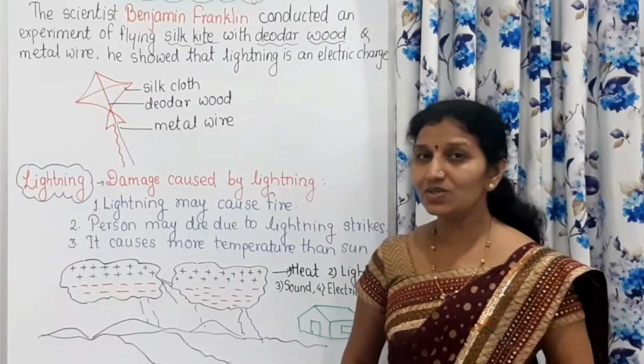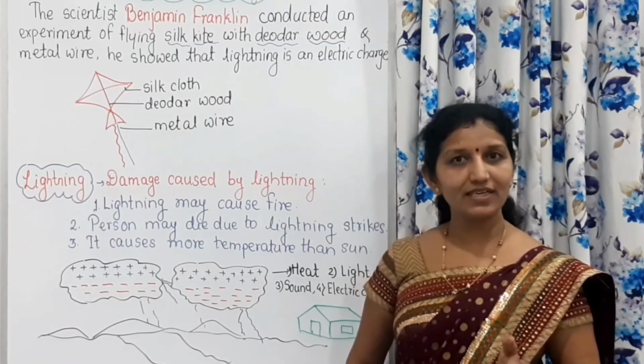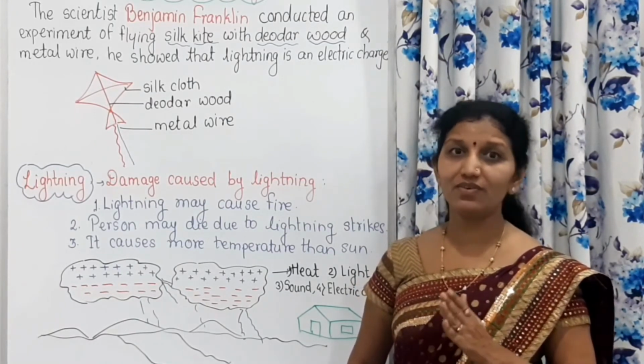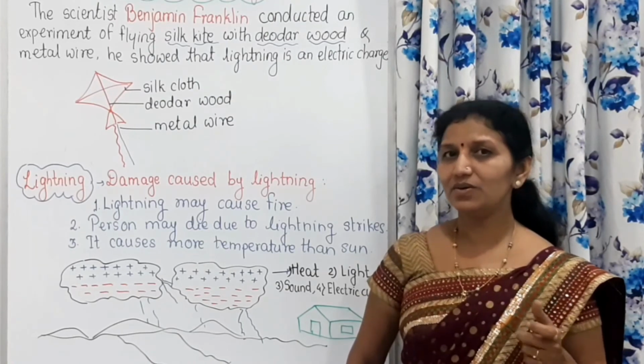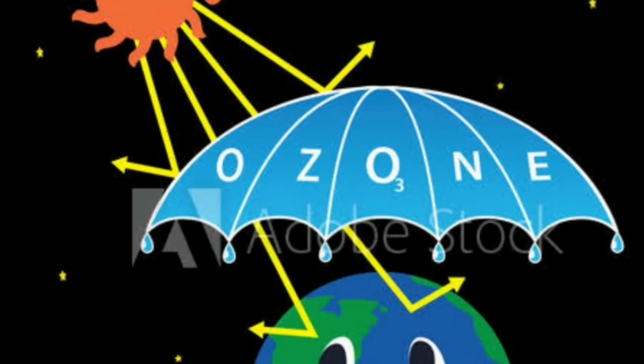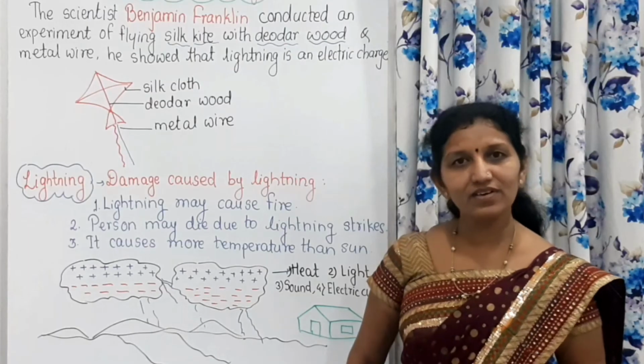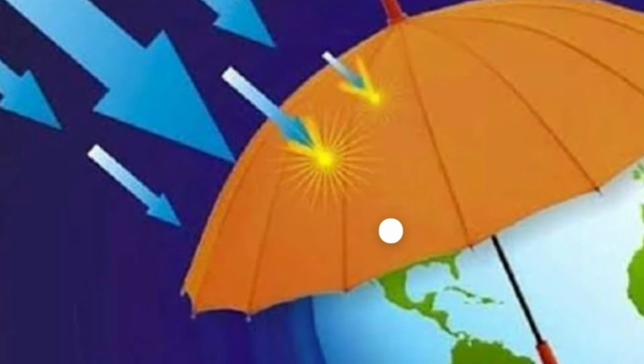And the next one is that there is a tremendous amount of energy in this lightning, and because of that the oxygen in the air is converted into ozone. O2 is converted into O3. O3 is the molecular formula of ozone, and we know that ozone is our protective umbrella because it absorbs the harmful ultraviolet rays that are coming from the sun, which we have studied in 6th standard.